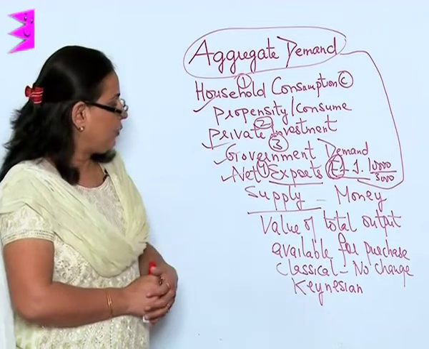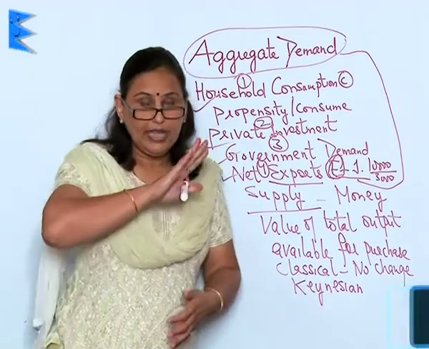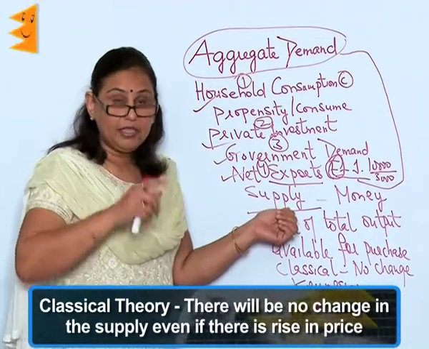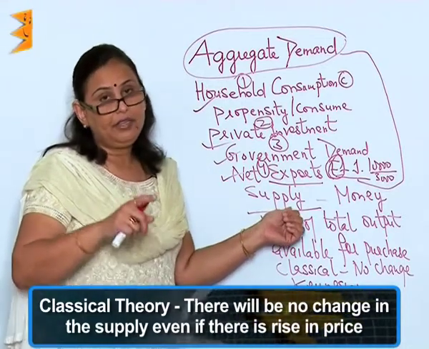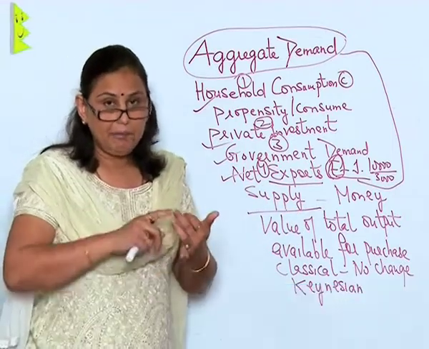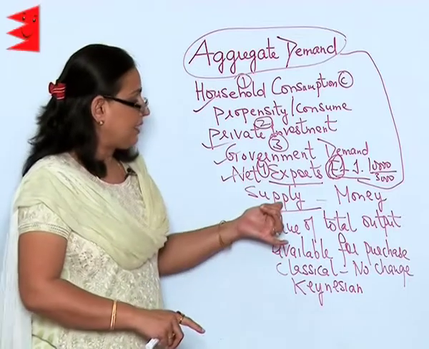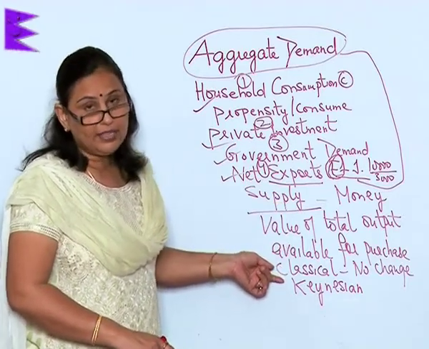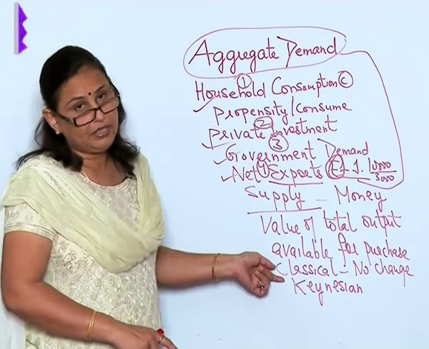The classical view says that there can be no change in the supply in spite of the rise in price. That is, prices will make no difference in the supply. This is the theory of the classical economists.